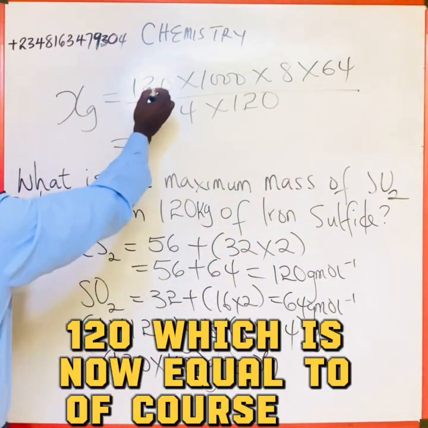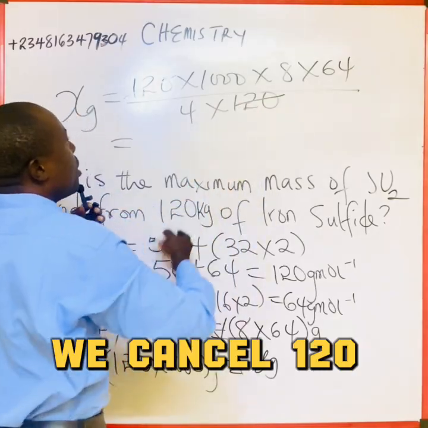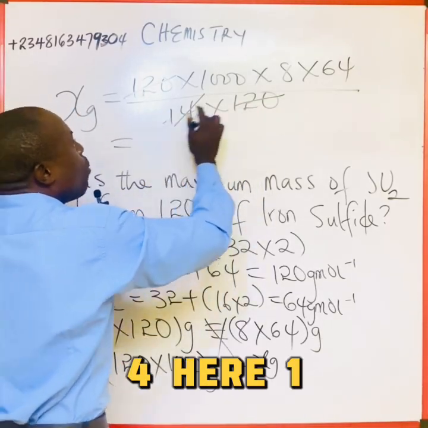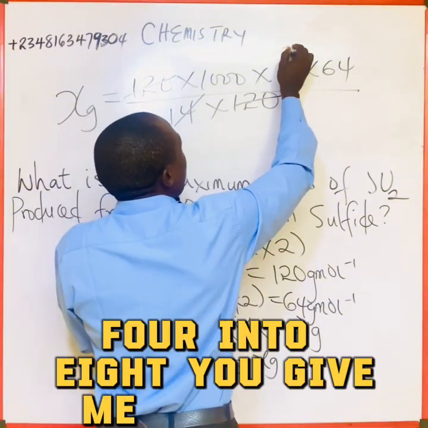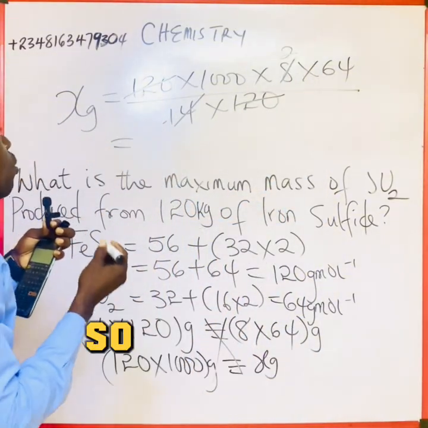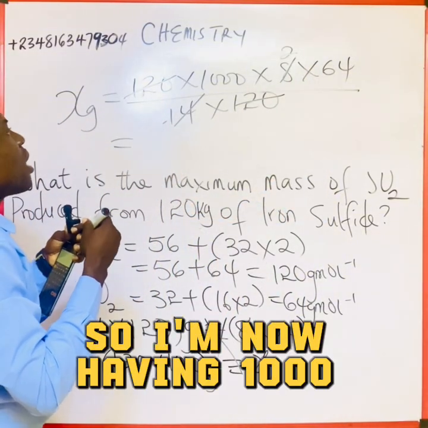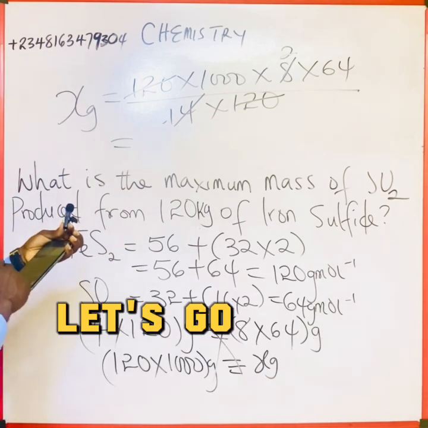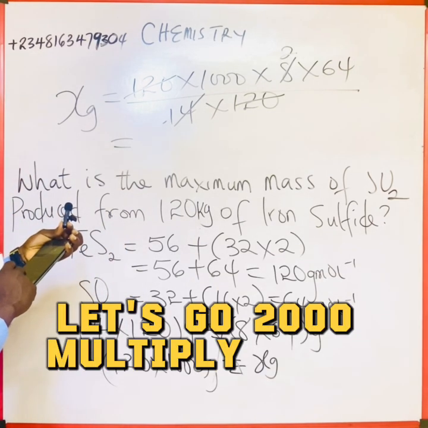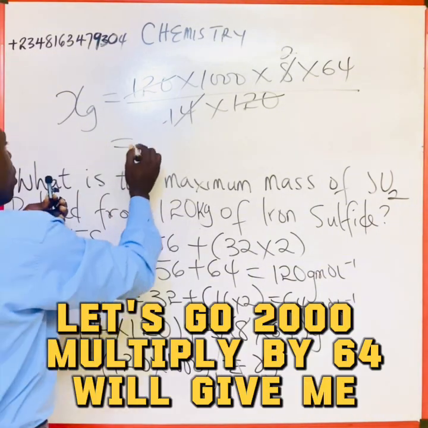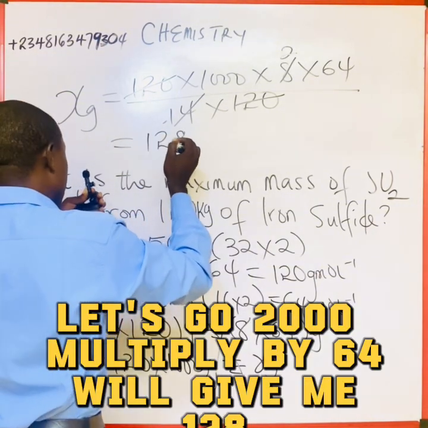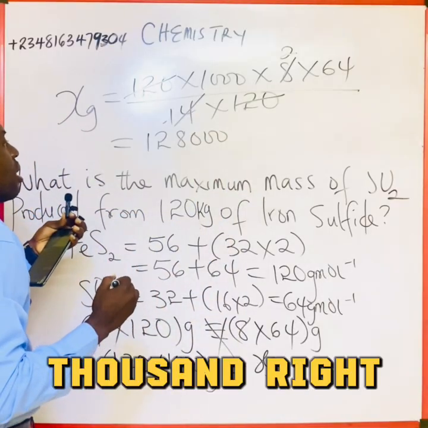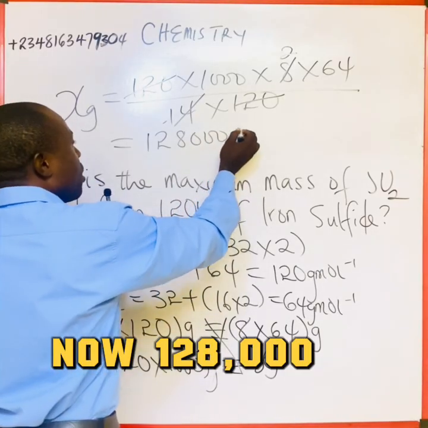Of course, we cancel 120. 4 into 8 will give me 2, so I'm now having 1000 times 2, which is 2000. 2000 multiplied by 64 will give me 128,000 gram.